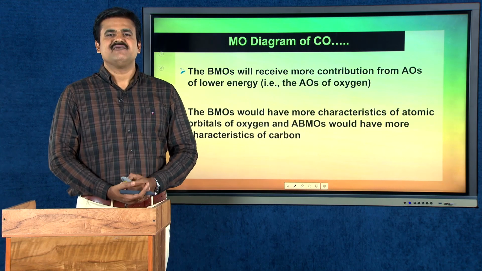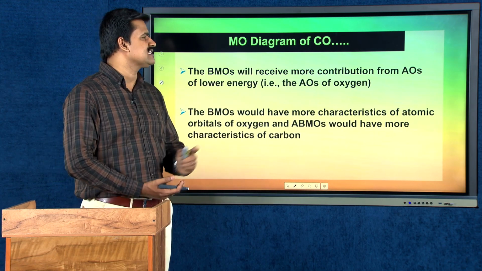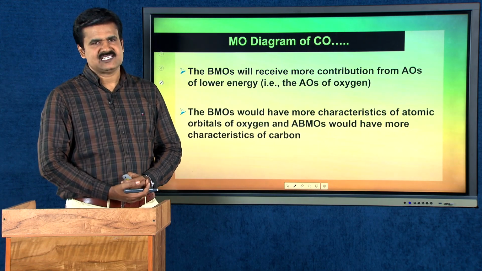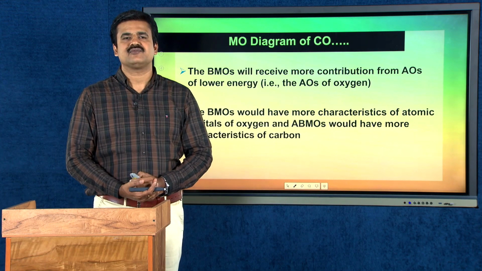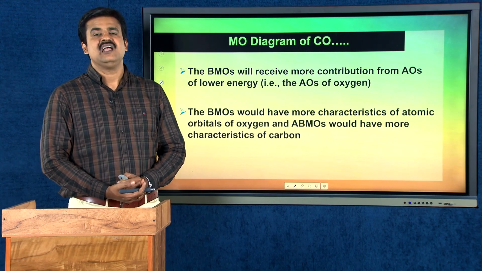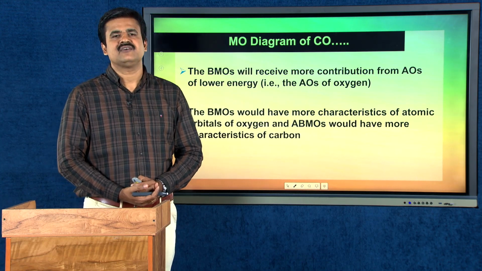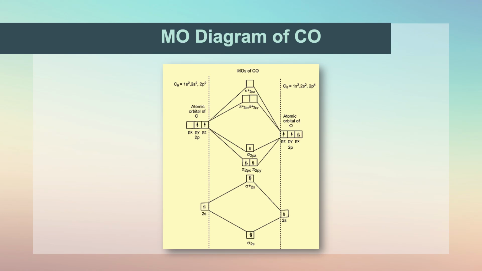The BMOs will receive more contribution from the atomic orbitals of lower energy, that is the atomic orbitals of oxygen. The BMOs would have more characteristics of the atomic orbitals of oxygen and the ABMOs would have more characteristics of the atomic orbitals of carbon. This is about the sketch of the molecular orbital diagram of the carbon monoxide molecule.